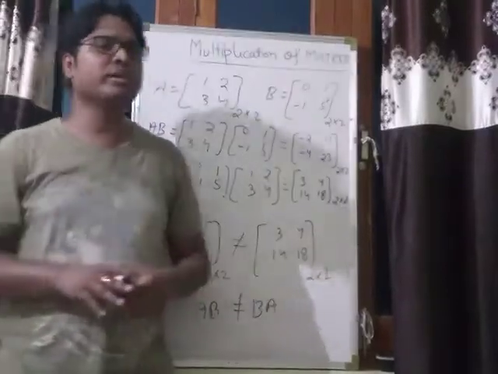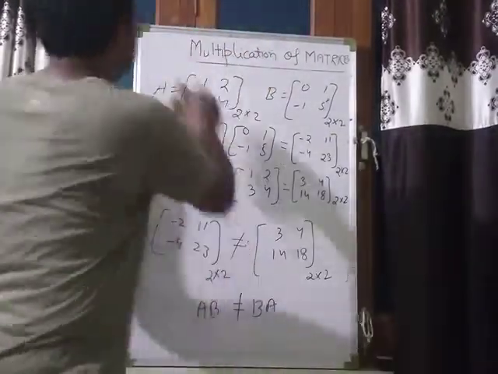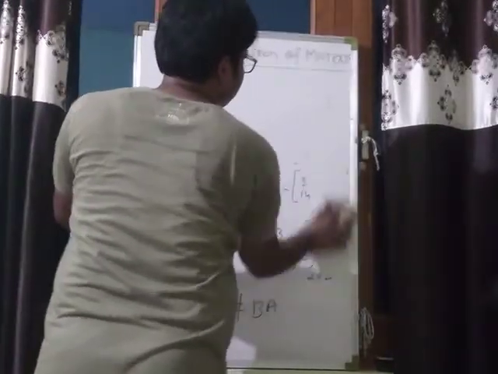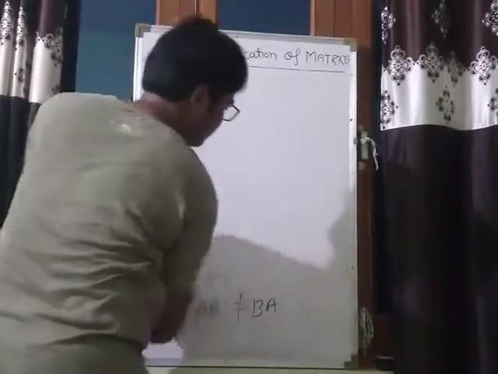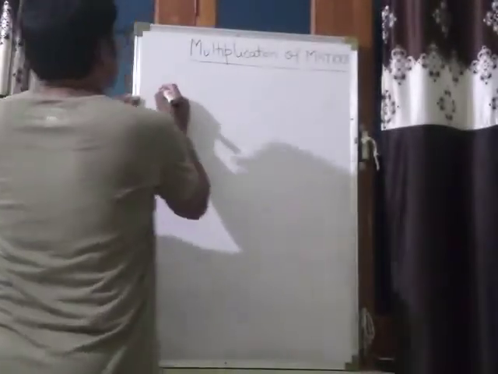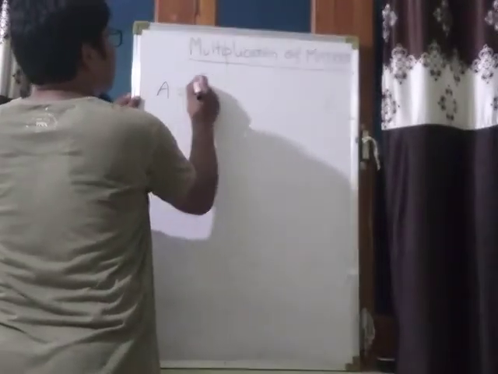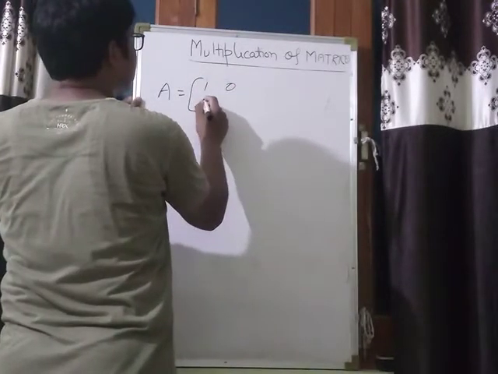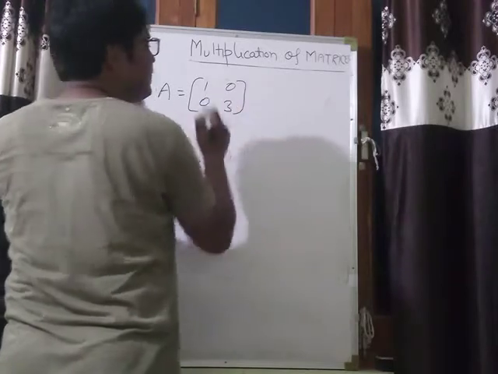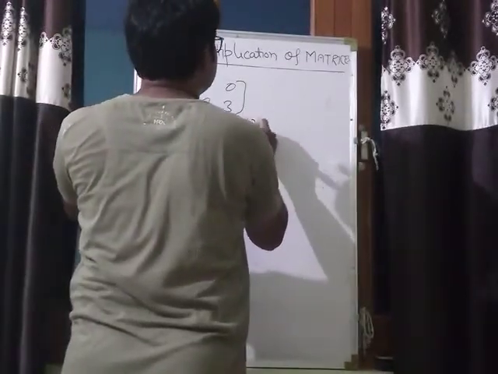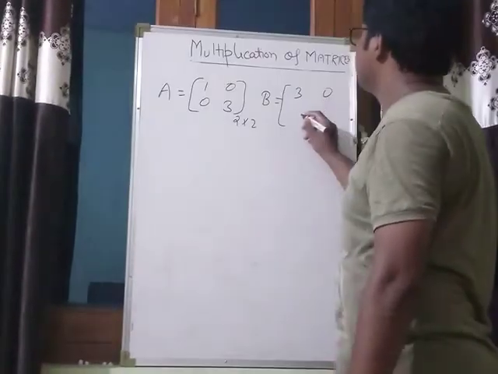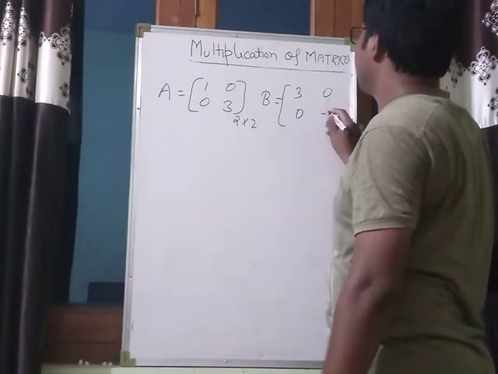I am going to give you an example. Consider a matrix A, 1 0 0 3, that is of order 2 by 2, and B, 3 0 0 minus 5.